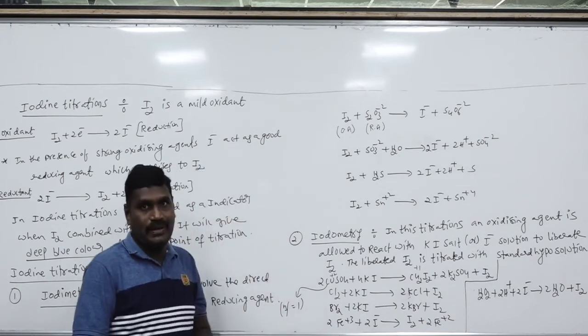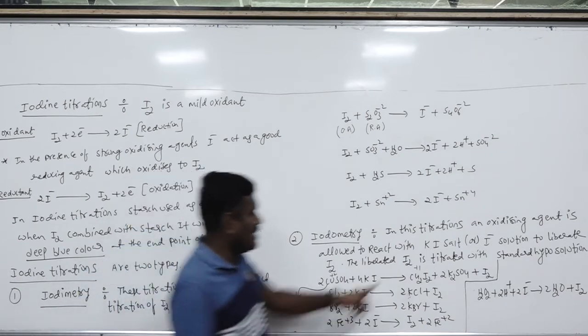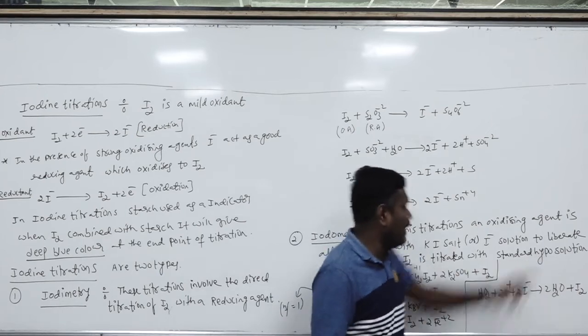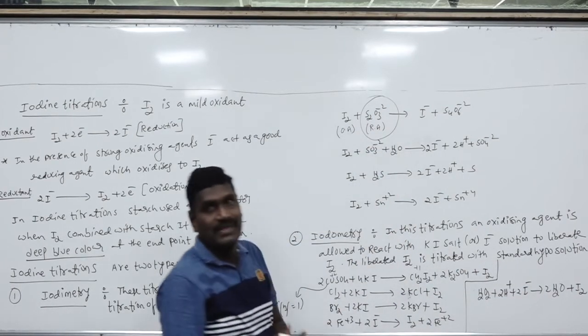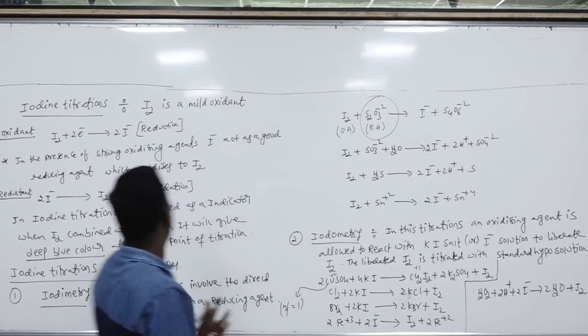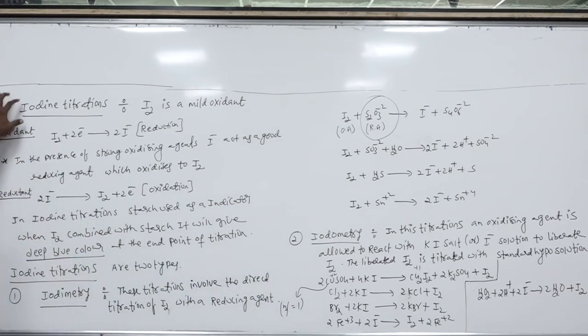Iodine is liberated. The liberated iodine is now treated with the standard solution of hypo, sodium thiosulfate. Once again, iodine titrations: iodine acts as a mild oxidizing agent and also a good reducing agent. In the presence of a strong oxidizing agent, it acts as a reducing agent.